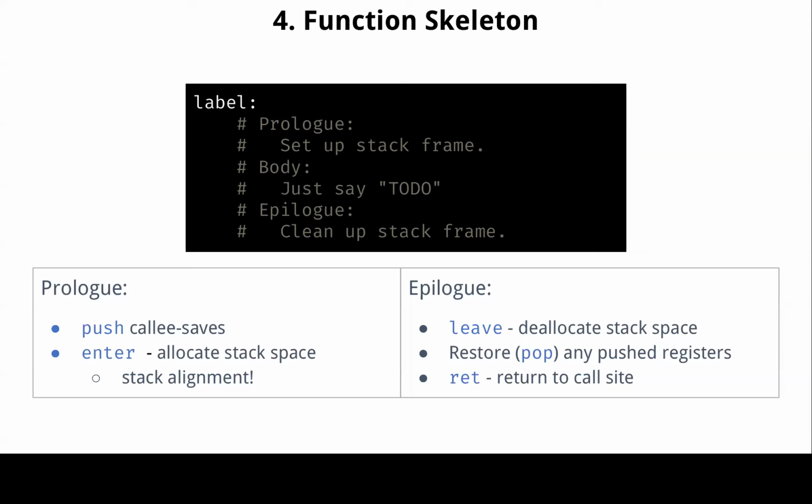Then in the epilogue, you are going to do a leave, which corresponds to enter. Then however many pushes you have there, you should have that many pops here. If you push R12, we are supposed to pop R12 here. Then at the end, there should be a return instruction. So now you have the beginning and the end, then you just have the body to implement whatever you want to implement.